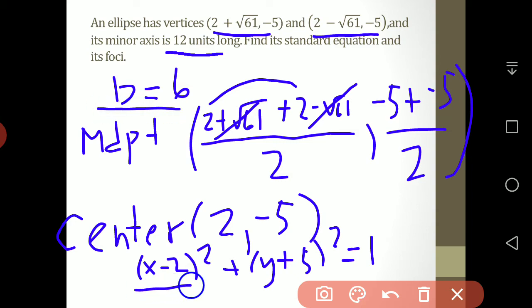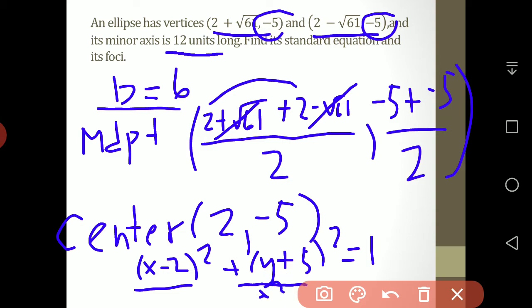Is it under x or is it under y? Since our ellipse has vertices at 2 plus square root of 61, negative 5 and 2 minus square root of 61, negative 5, negative 5 is their common ordinate. Which means we have a horizontal ellipse. So b shall be under y. I couldn't write it here legibly, so there should be 6 squared over here.